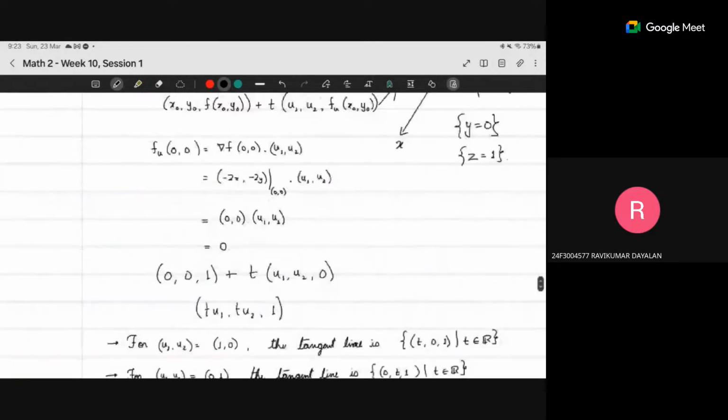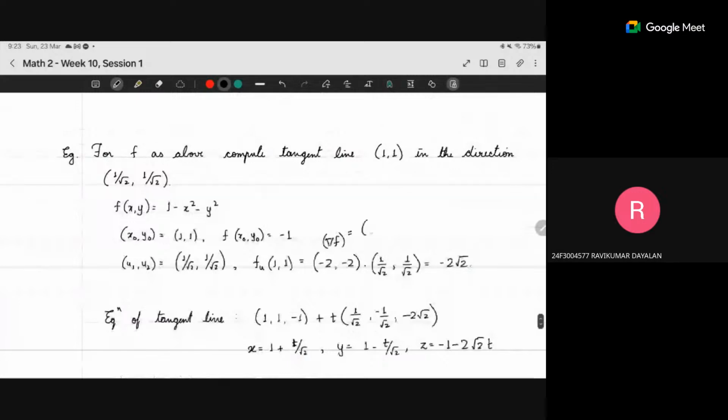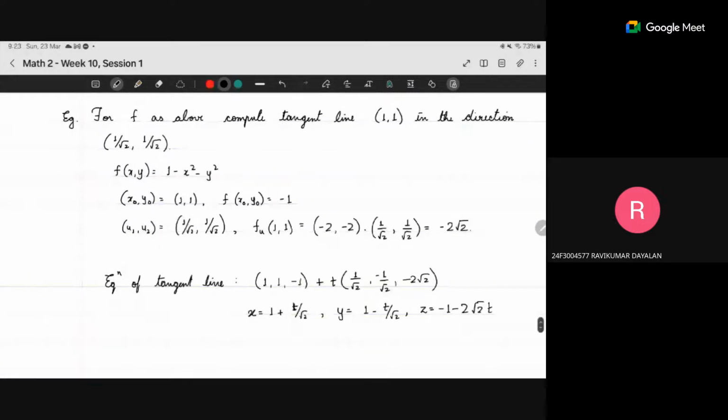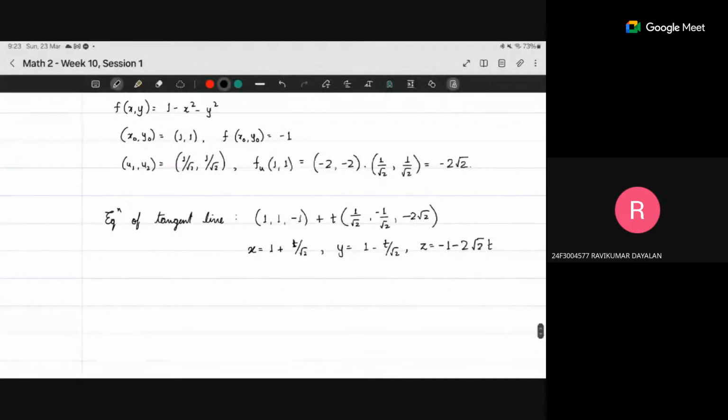Yeah, the gradient f is (fx, fy), which in this case is minus 2x and minus 2y. And I just substitute. That's why I said I'm skipping a few steps, but calculating the gradient should not be a big problem. Then I took the dot product with the direction vector to get 2 root 2.